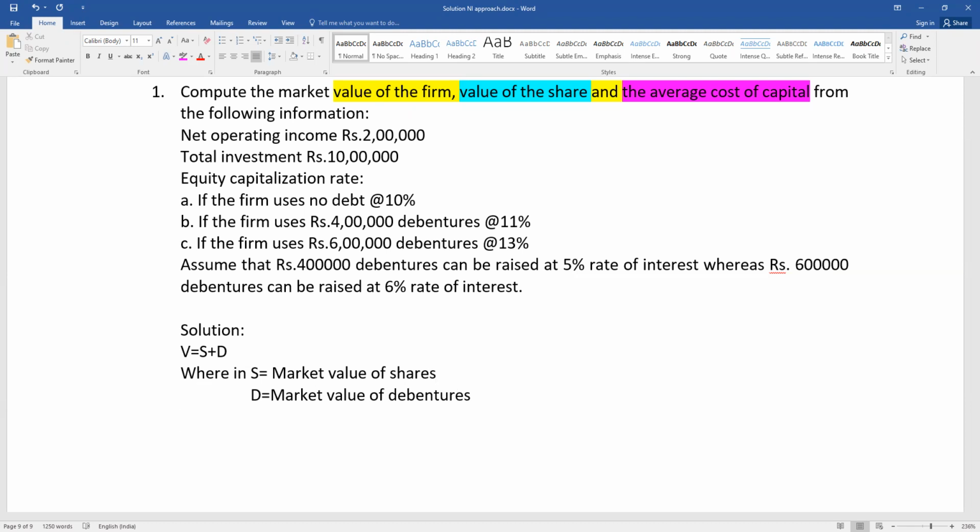So to calculate the value of the firm, you require value of the share and value of the debentures.